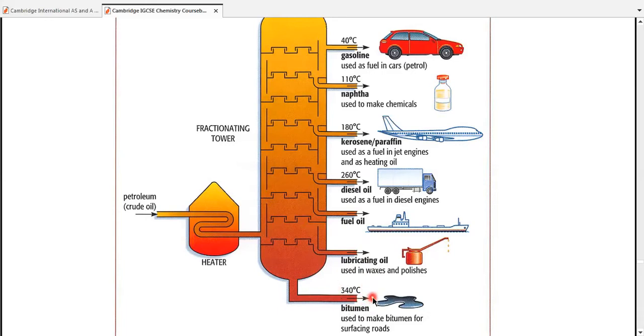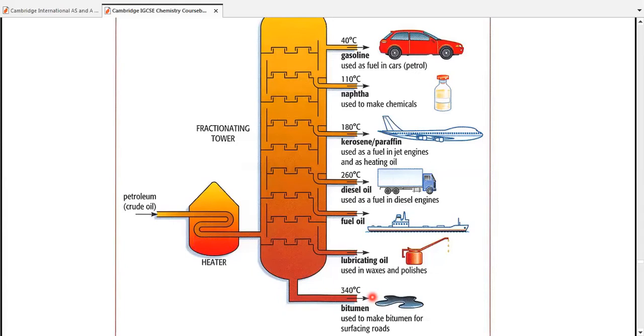Let me tell you that these quoted temperatures are actually the starting boiling points of the fraction. I explained yesterday that a fraction is not one single compound. It's merely a name representing hundreds of compounds in it. So the starting boiling point would be 340. Not all the compounds in the bitumen would boil at 340.